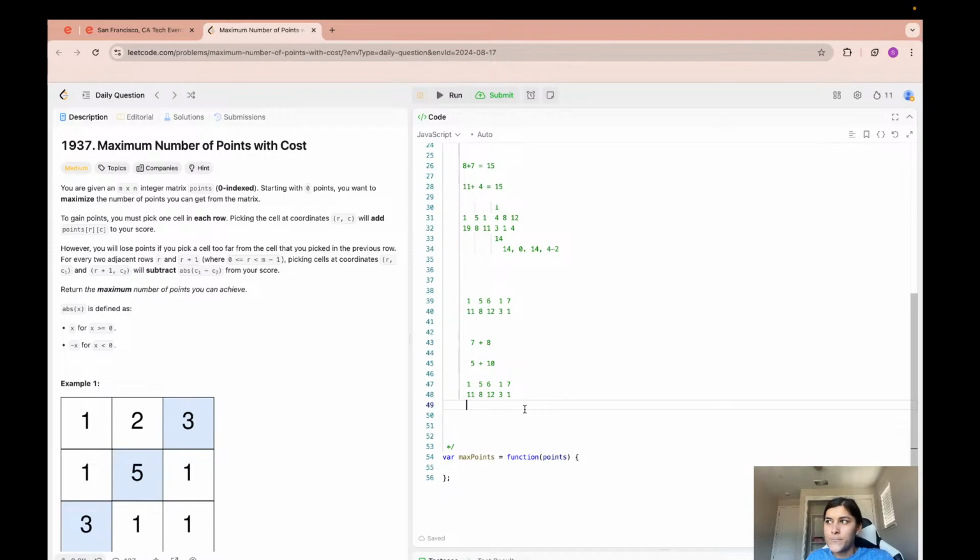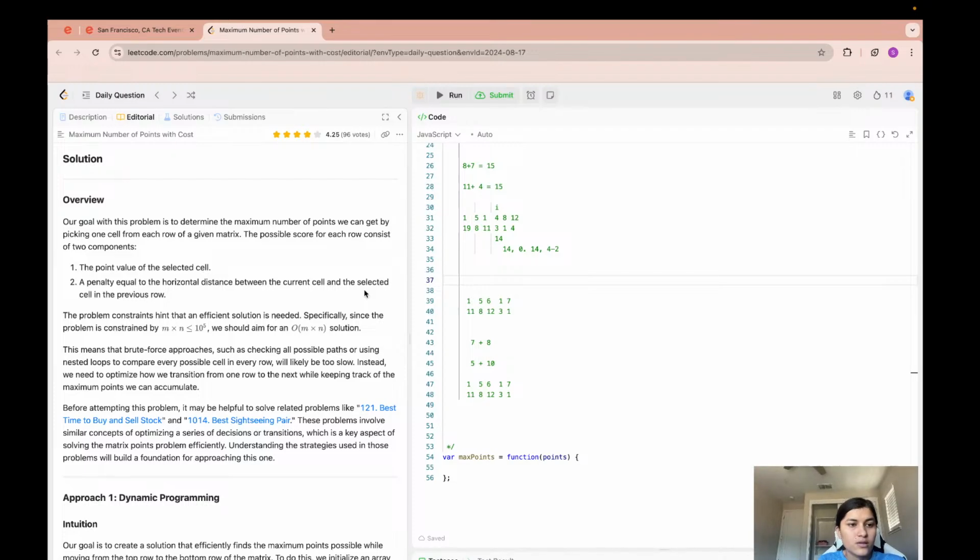And I'm also considering the column distance. Like I said, I cannot just select one number. So let's look at the editorial, because I do not have much time here.